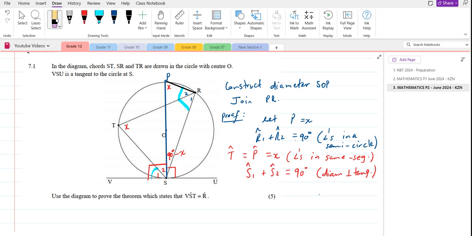Did we prove it the other way around? We proved that angle VST is equal to angle R. I think we're supposed to join PT rather.